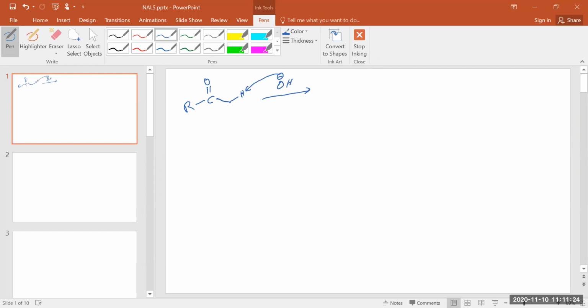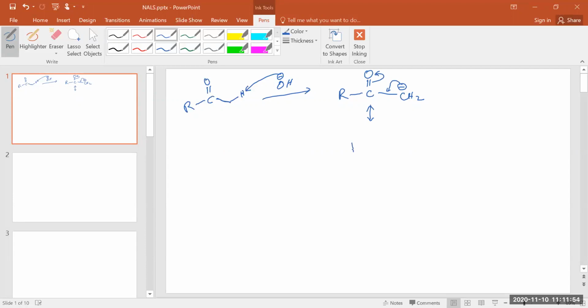So this base can abstract the proton from the alpha carbon. So here, let's say CH2 minus. This is the carbanion that will form. This carbanion formation is due to the stabilization of the anion by resonance by the carbonyl group.